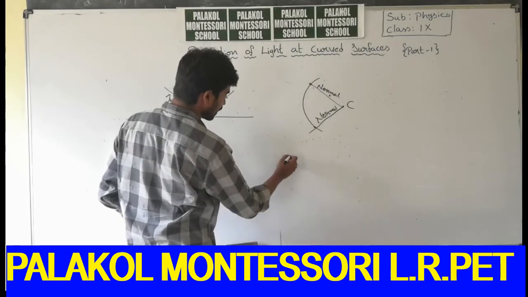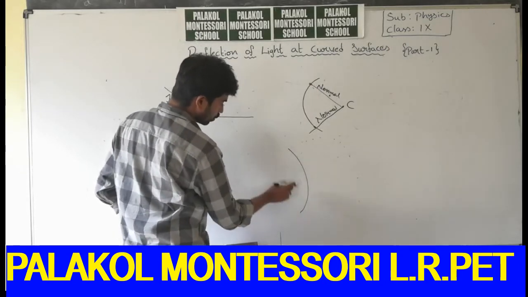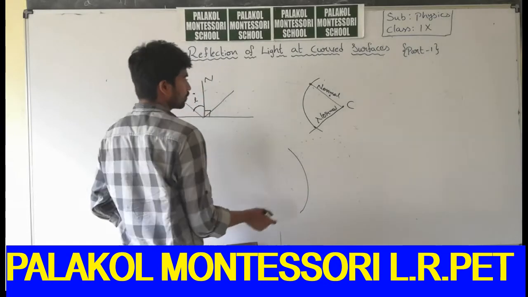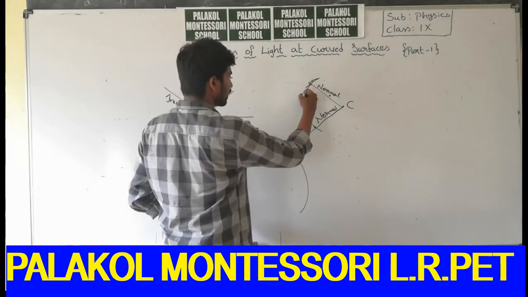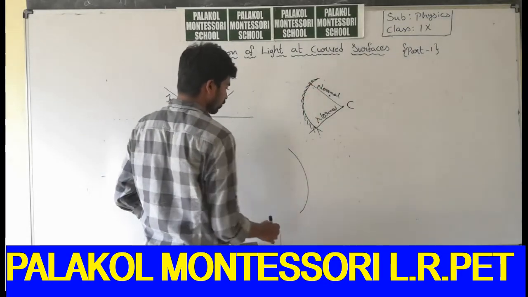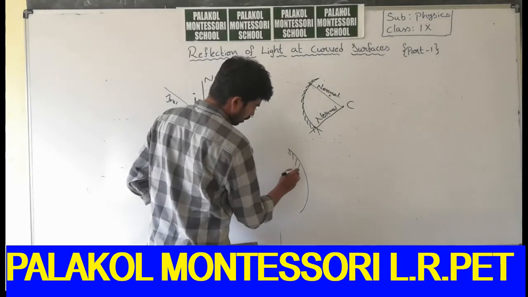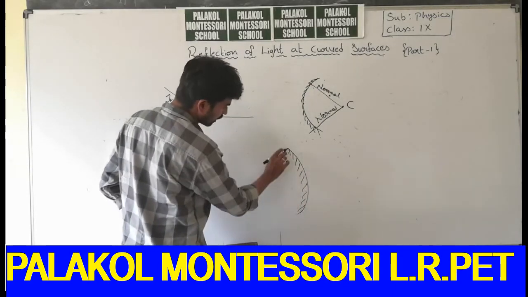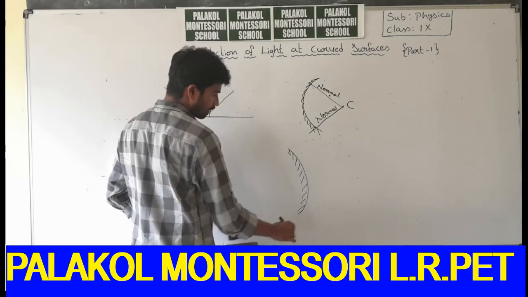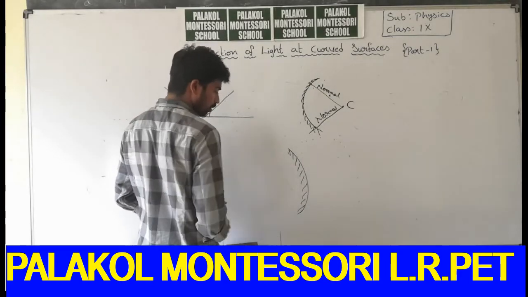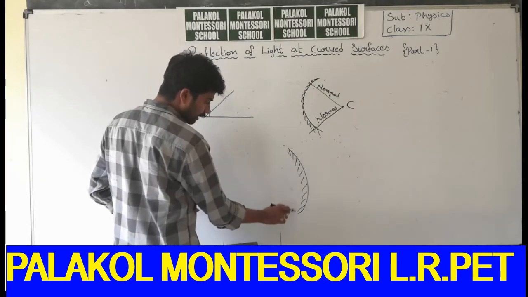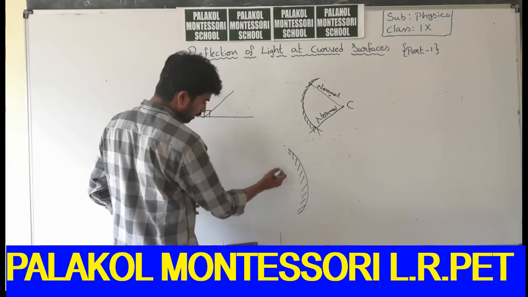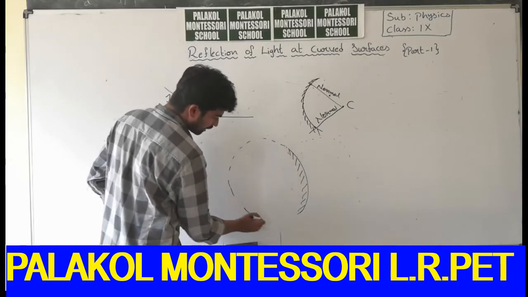If it is a convex surface, let us say this is the concave mirror and this is the convex mirror, the reflecting surface is present on the convex surface. If you consider the convex surface, for this curve the center of curvature will lie here.